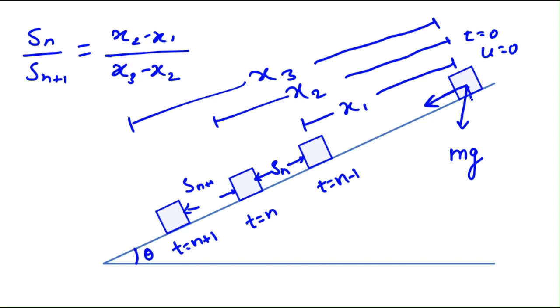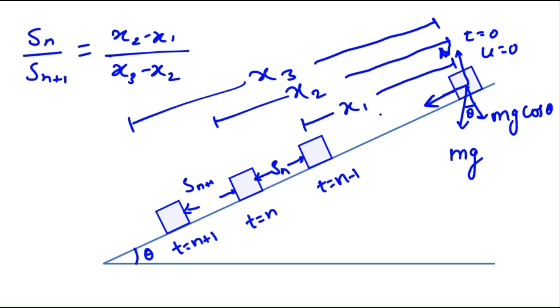So if we are taking the component of this mg perpendicular to this inclined plane, this angle will be theta, and this will be mg cos theta, and this force will be balanced by normal force provided by this inclined plane. So these two forces are not going to contribute in its acceleration.